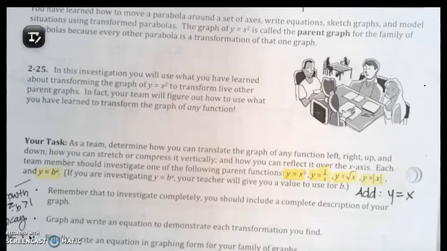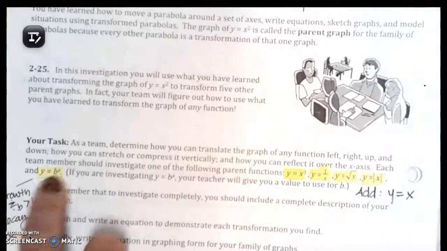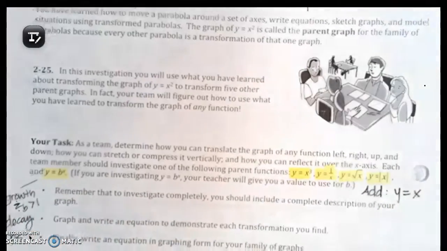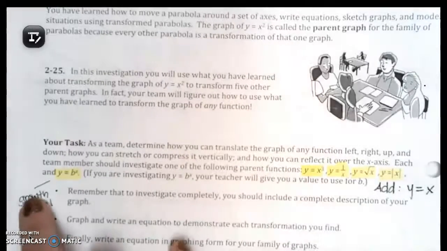We've got y equals x to the third power, y equals 1 over x, y equals the square root of x, y equals the absolute value of x. Just for old time's sake, we're going to add y equals x, which is just a line, right? And then for y equals b to the x, we're going to do a growth and we're going to do a decay. So we're going to do that one twice.